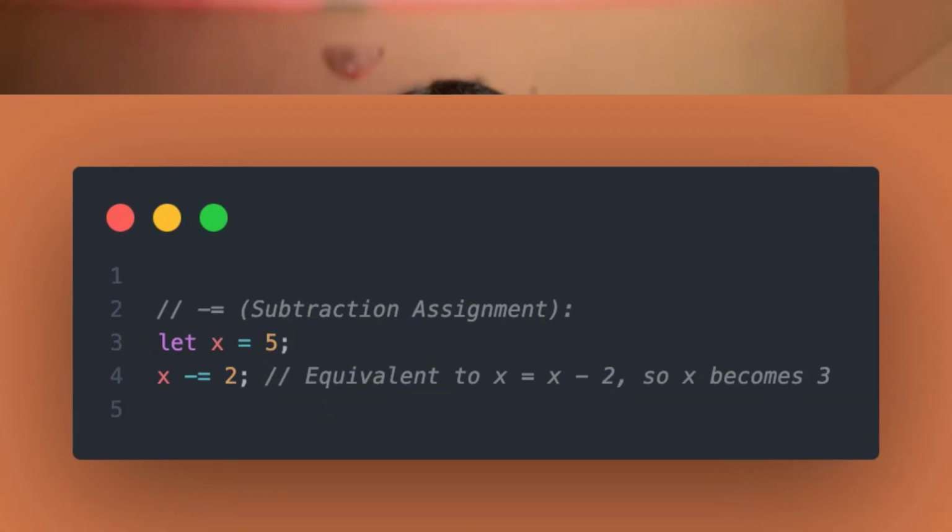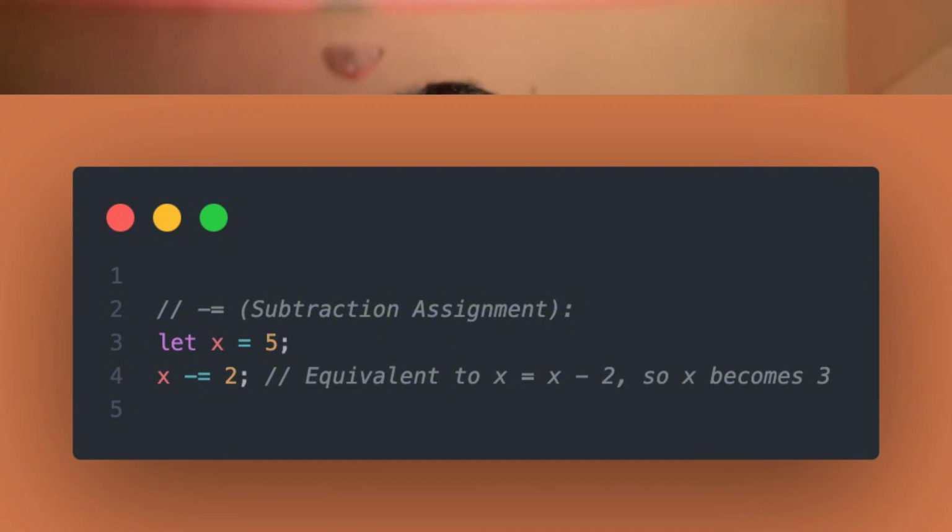And then we have the subtraction assignment. It subtracts the value on the right from the variable and assigns the result to the variable. If we have let x = 5 and we have x -= 2, what it does is that it subtracts 2 from x and then assigns that new value to x.